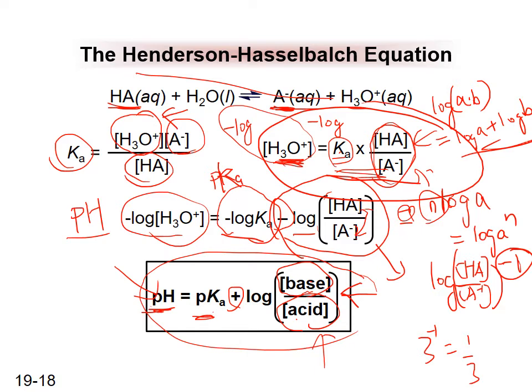On the other hand, if you want to make a buffer solution with a desired pH value, for example 4.5, then you can calculate the ratio you need, the base over acid ratio, and then you can calculate how much acid and how much base you need in the solution to make the buffer solution.